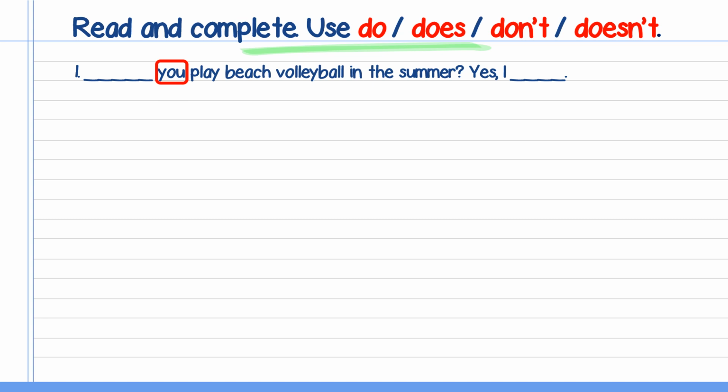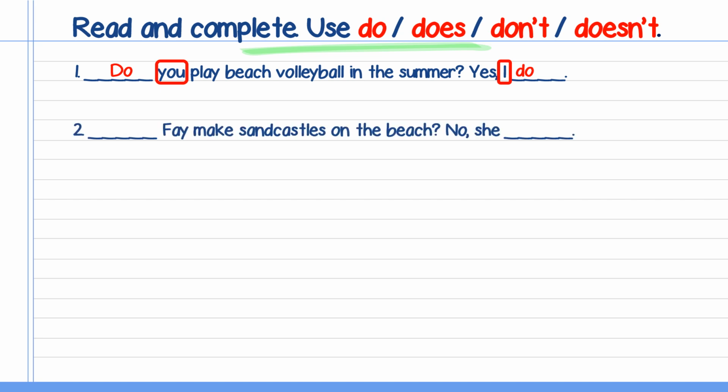So the answer is do. Do you play beach volleyball in the summer? The second keyword is I. And there's a word yes. So you cannot say yes, I don't. But the answer is yes, I do.